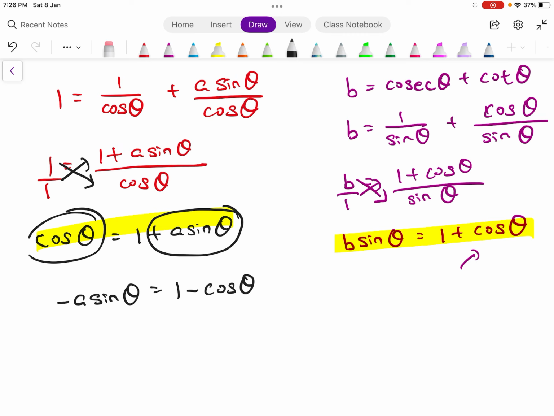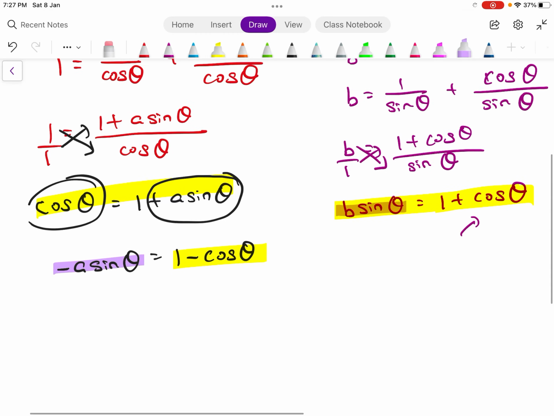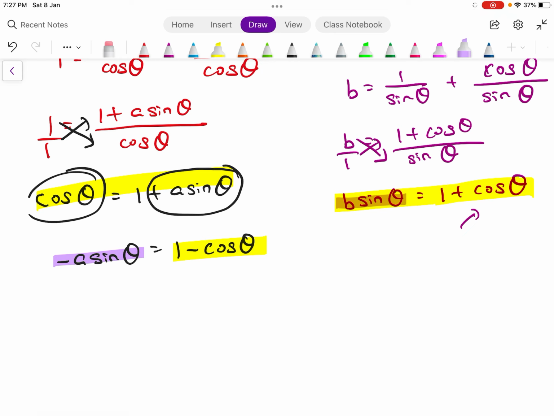So you can see that in the first equation, 1 minus cosine theta, I multiply with the 1 plus cosine theta. Of course, when you do it to the right hand side, you must do it for the left hand side. So I must use minus A sine theta multiplied by B sine theta. In this case, I get my AB already.